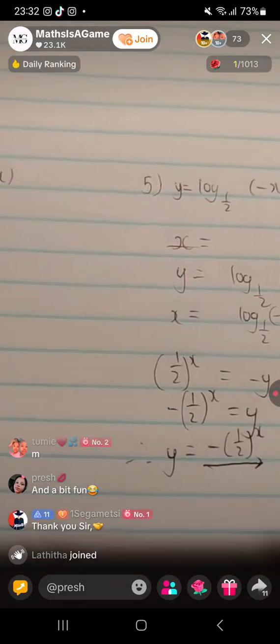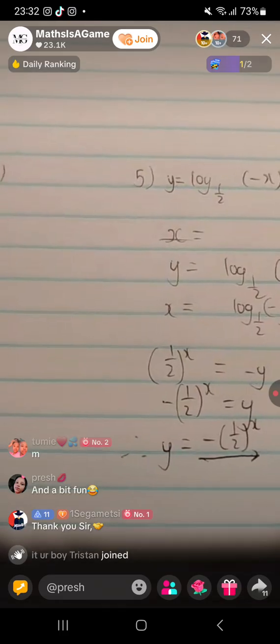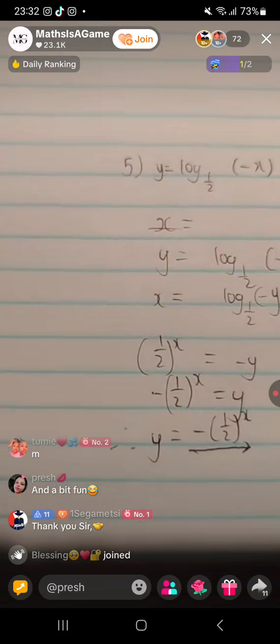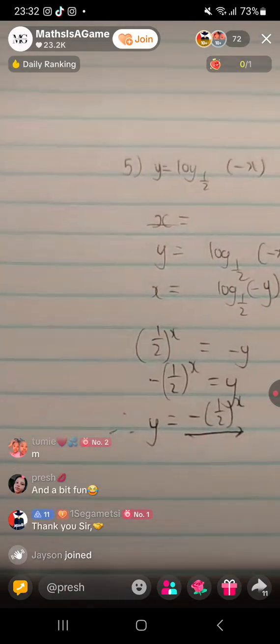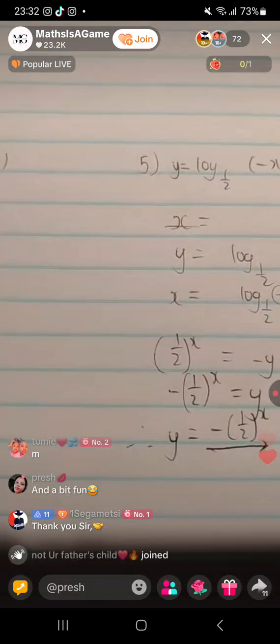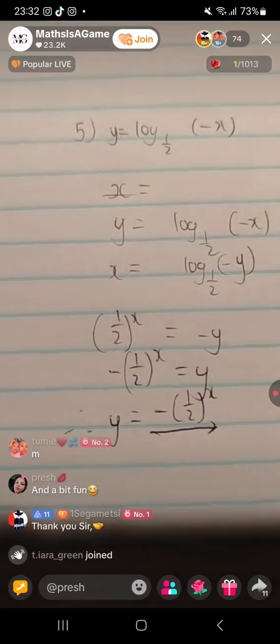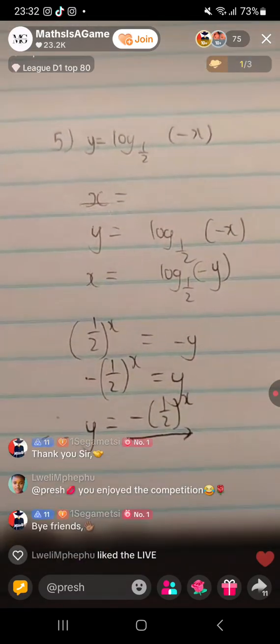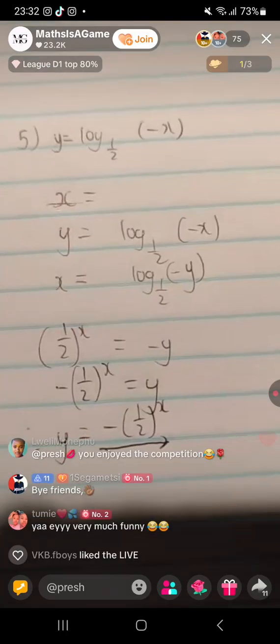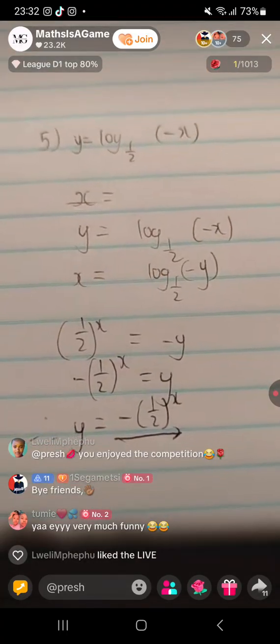Then after that, we looked at how to write a function into its inverse equation. More specifically, guys, it was just at trying to look at how to express a function into its inverse equation. That's all we were doing here.